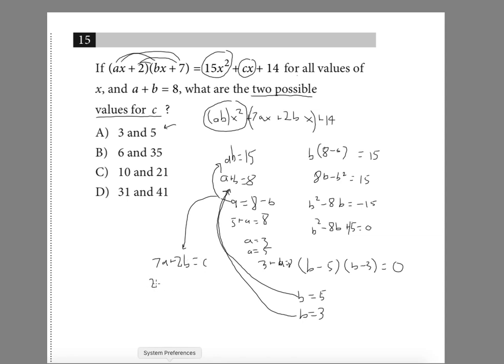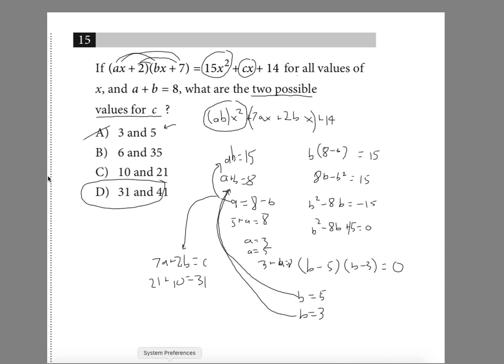So if a is equal to 3, that's 21, and then 2b, b must be equal to 5, so that's 10, so that's 31. And we could just keep checking, but there's only one answer with 31 over here, so we know that this must be our answer, right?